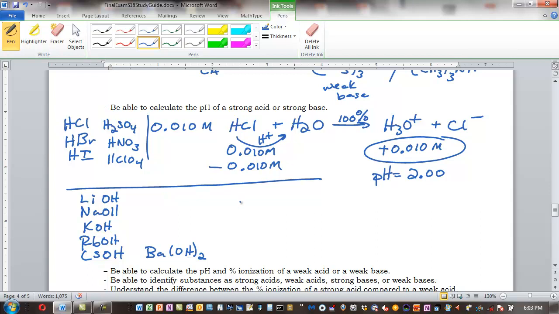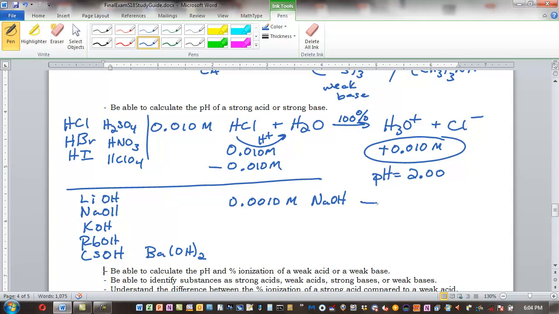Okay. So if you have 0.001 molar NaOH. What do you do with that? Okay, so what is my hydroxide concentration? Yeah, it's going to be the same concentration as that sodium hydroxide. Same reason, this is a soluble salt, so we assume it completely dissociates.